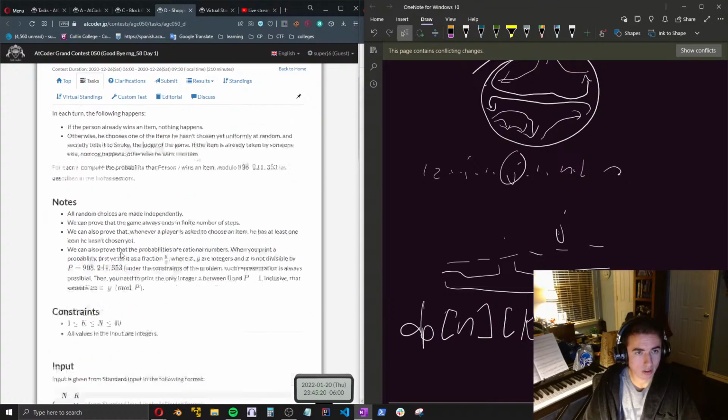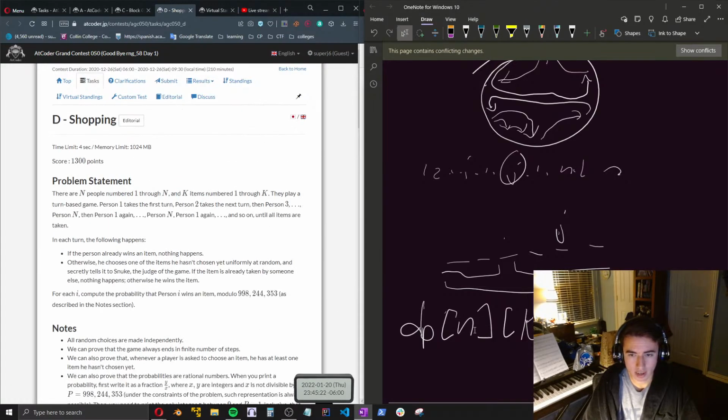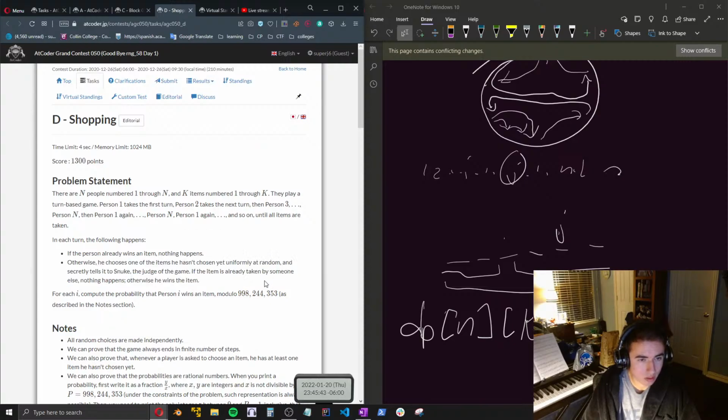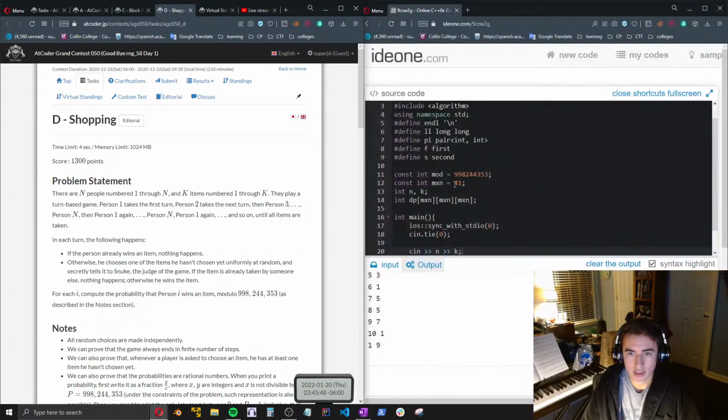Wait, hold on. Do we actually need n and k as separate states? We don't, right? Because whenever k is subtracted, the item is taken out. Yeah, we don't need k as a state.